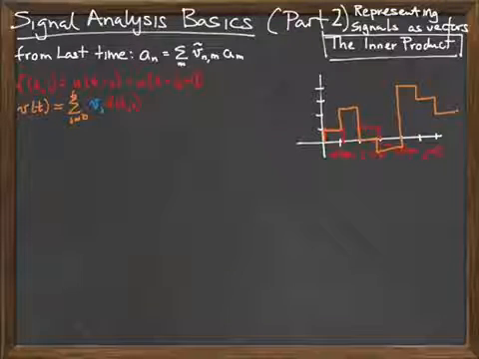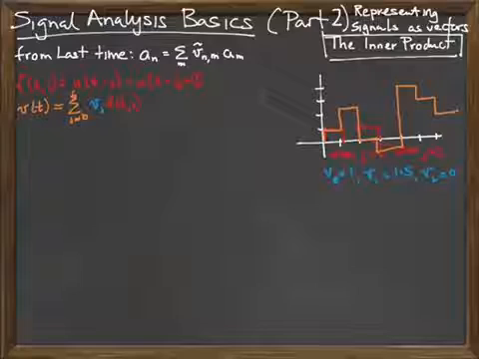Maybe we should write those in case you don't understand where I'm coming from. So v0, sorry, is equal to 1, v1 is equal to 1.5, v2 is equal to 0, and so on.